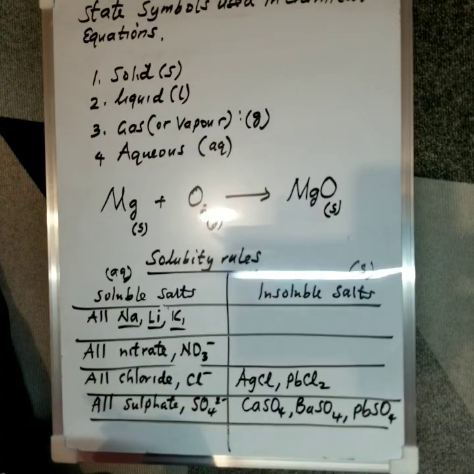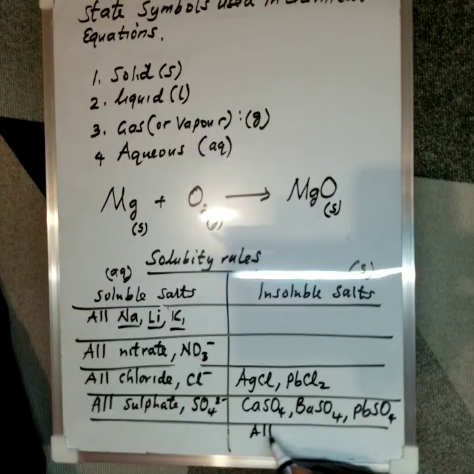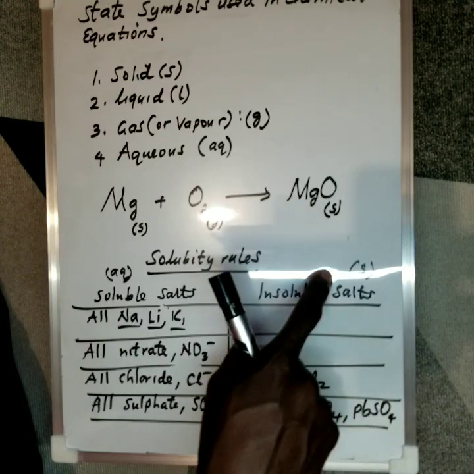Then another thing that I can simply tell you is that when it comes to all oxides, those that contain the oxide ion, you're going to find that they are actually insoluble.